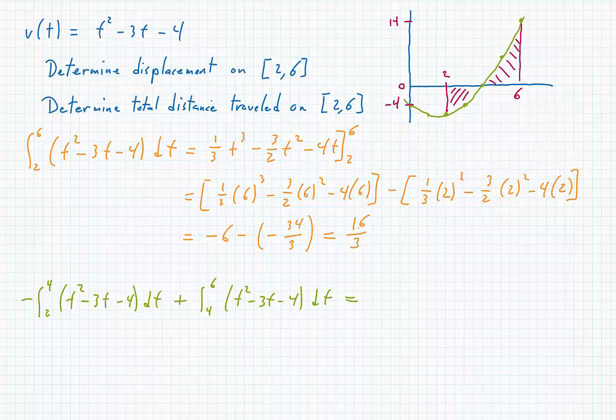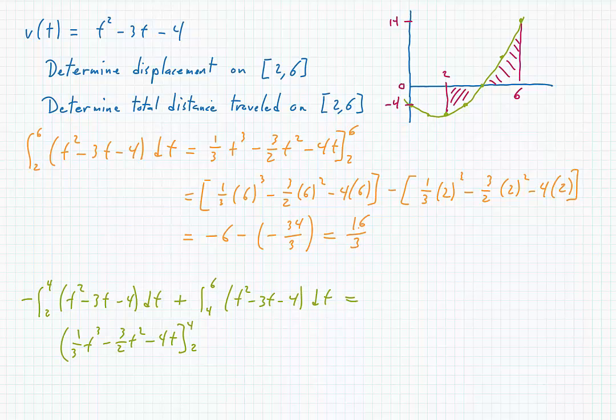All right, fixing a couple of things here. We're using the antiderivative we saw before. We're going to consider 1/3 t to the third minus 3/2 t squared minus 4t, and we're interested in that from 2 to 4.